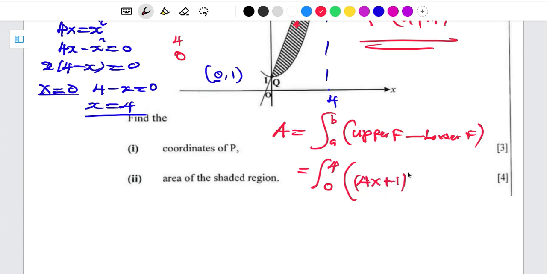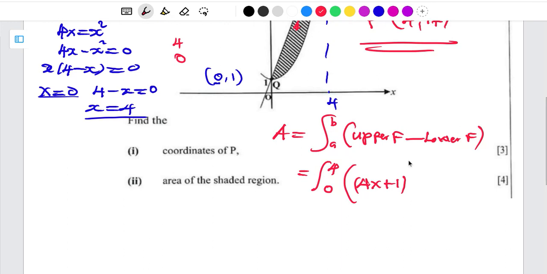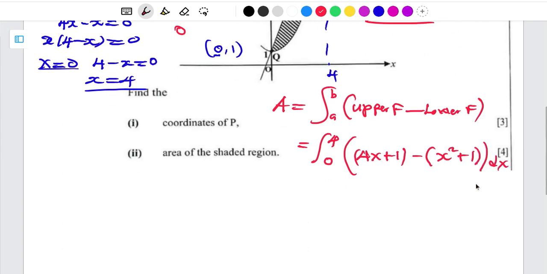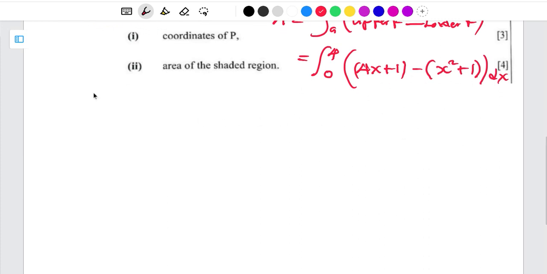And then for the lower function, what is the equation? For the lower function, the equation is this one here, which is x squared plus 1, then dx. So you have to make sure that you integrate what is inside here. Okay, then we evaluate at the end.